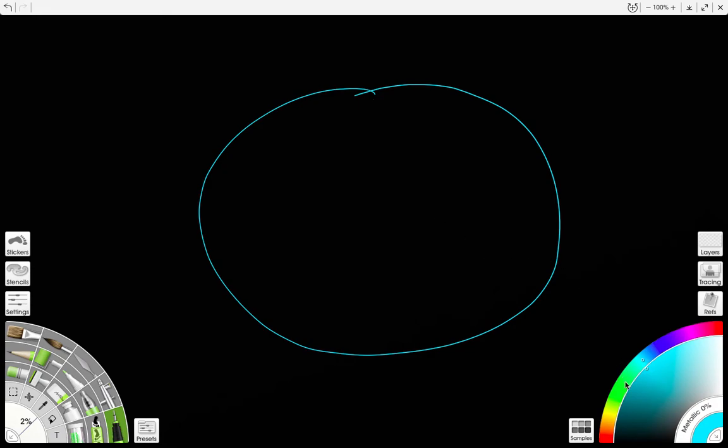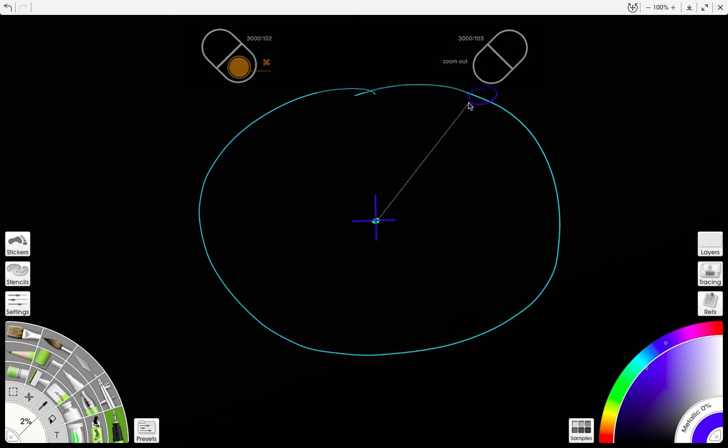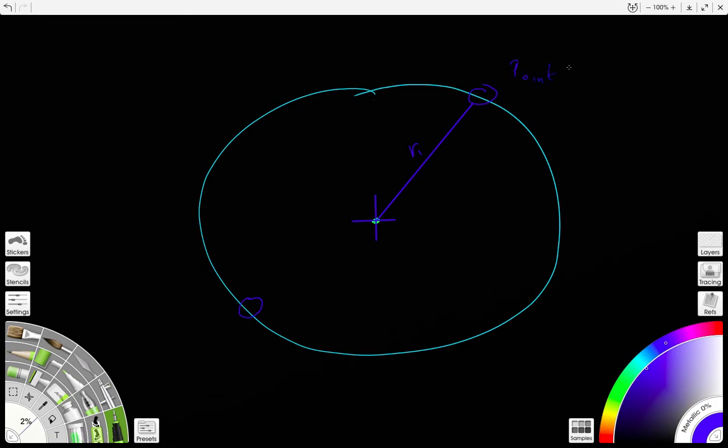At any given moment, my particle is always inscribed within this circle, correct? So if I take this as the origin right here, and I'm using polar coordinates, my R1 at point 1, and this would be point 2.